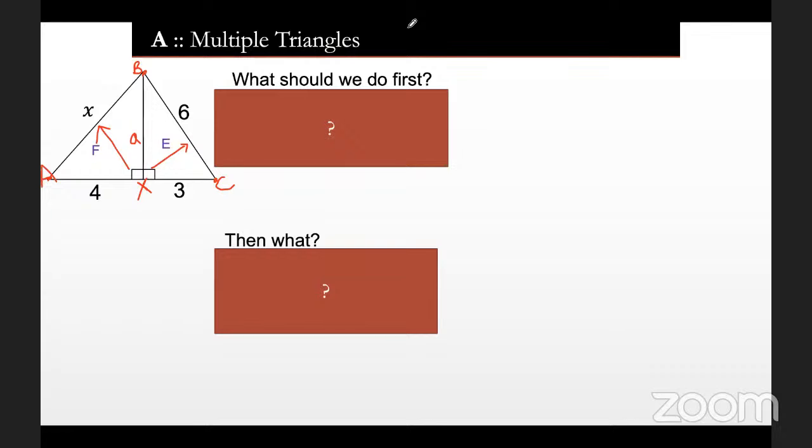Okay, so before you could find X, you have to find what A is. So when I worked it out, I got that it was equal to 2. Okay. How did you do that? Just tell us.